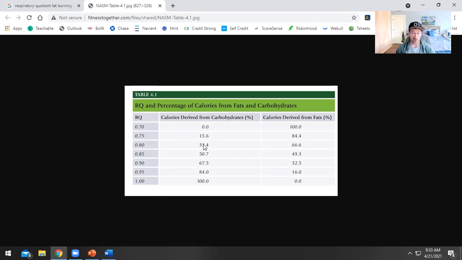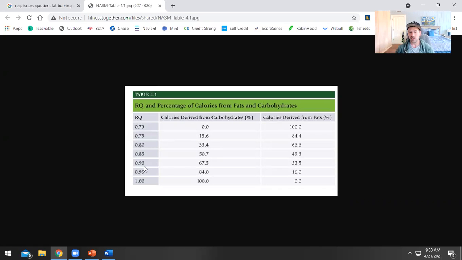And our goal is to burn lots of carbs if we have a diabetic client. Don't get me wrong, we're trying to burn fat because we maybe want to lose body weight. But our priority is to burn carbohydrates as a fuel source so that we can increase insulin sensitivity.